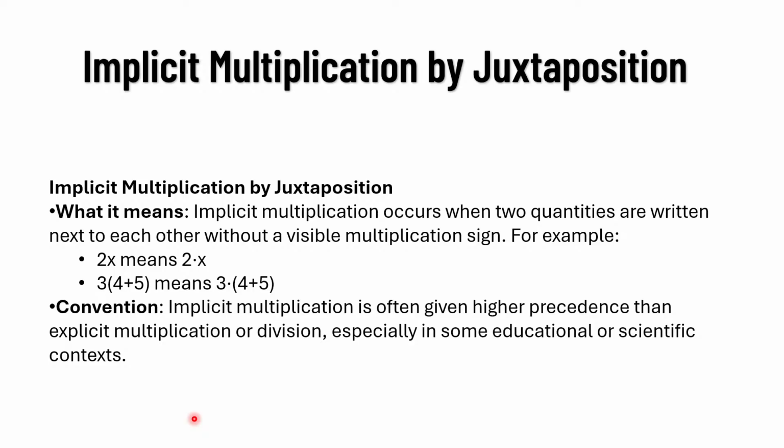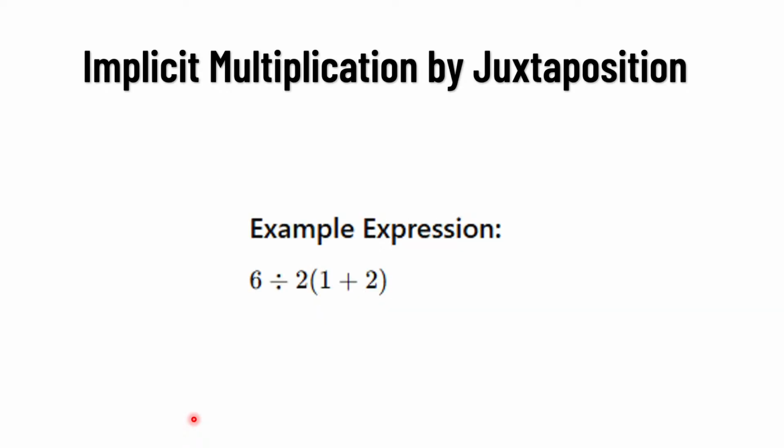It's quite old, but this old convention was that implicit multiplication is given higher precedence than explicit multiplication or division. And when I say explicit multiplication, I mean multiplication where you do have a multiplication symbol. You may run into that in some educational or scientific contexts.